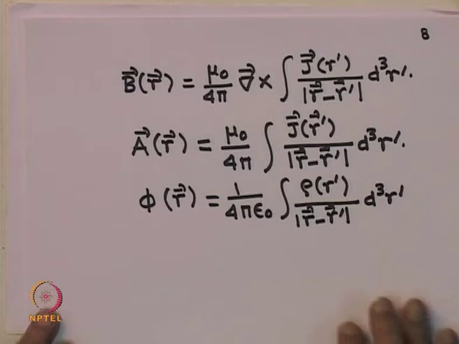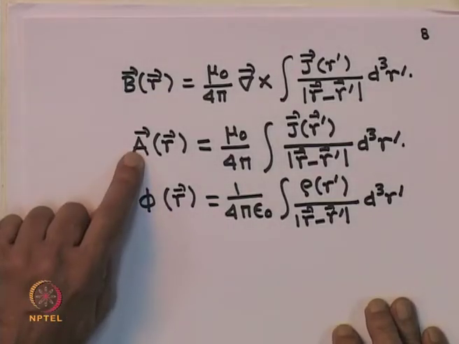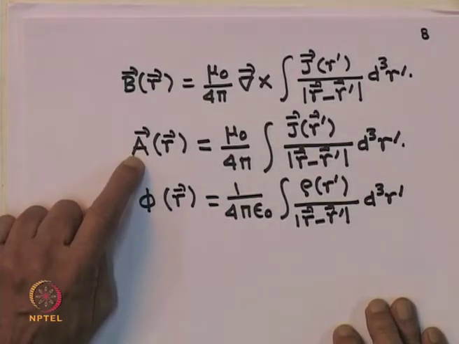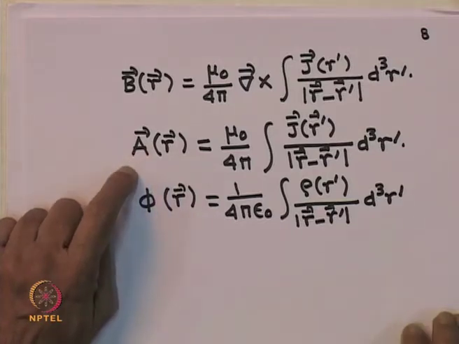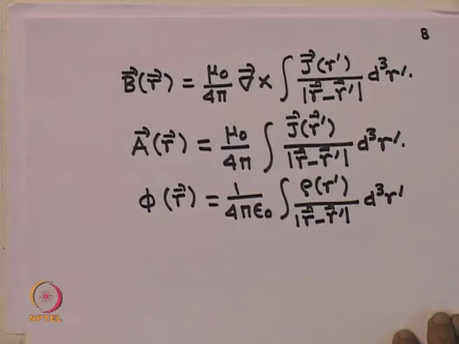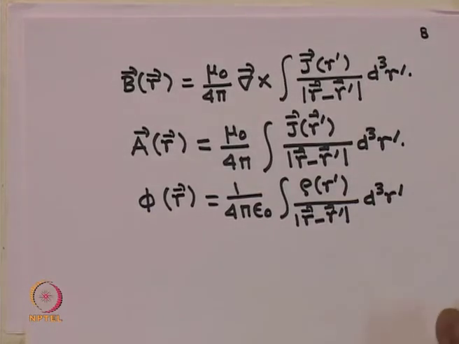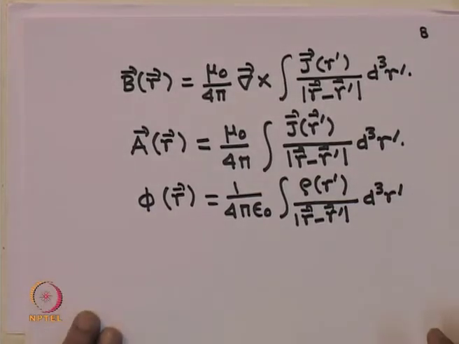So, notice that in the gauge in which we are working, del dot of A must be equal to 0. That tells me, of course, that the current density is solenoidal, which is obvious because I had a steady current.